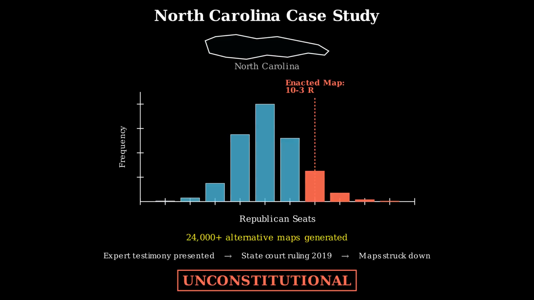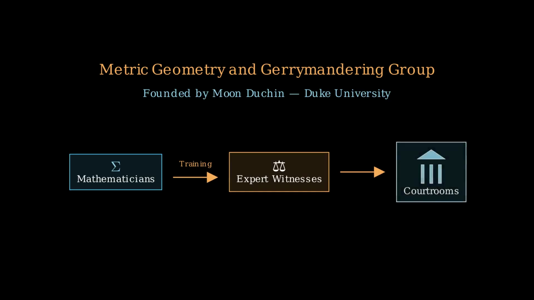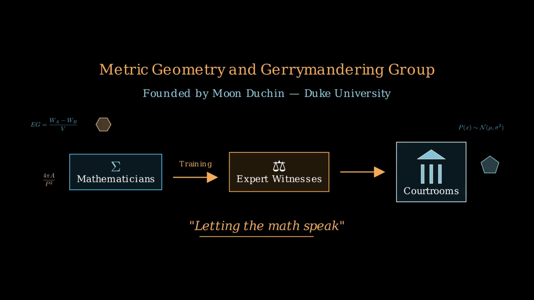Their work was presented as expert testimony in court, and in 2019, a state court struck down North Carolina's maps as unconstitutional partisan gerrymanders. Duke mathematician Moon Duchin founded a program called the Metric Geometry and Gerrymandering Group, training mathematicians to serve as expert witnesses. These aren't political activists, they're researchers who let the math speak, and the math has proven remarkably persuasive to judges who previously felt they had no objective standard to apply.